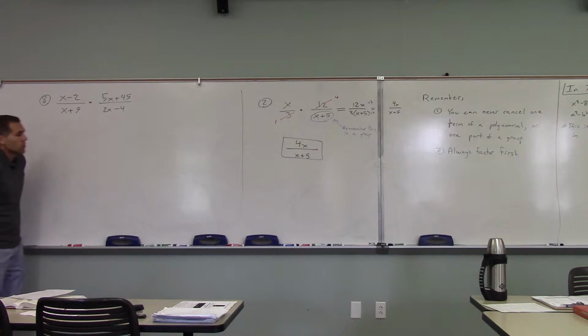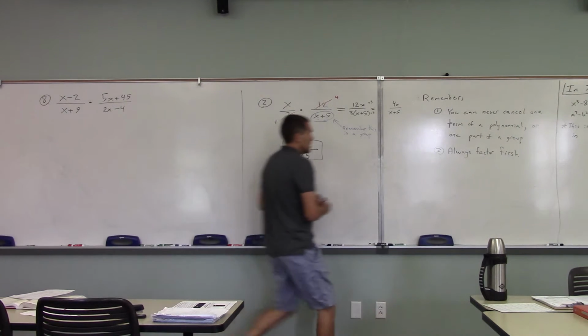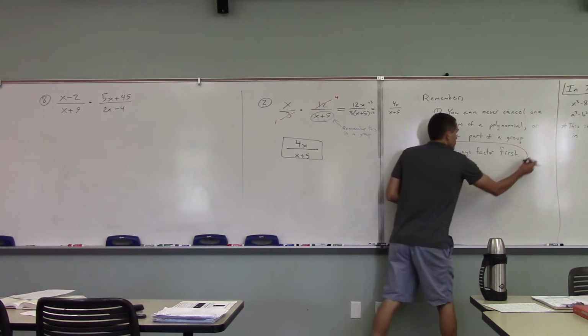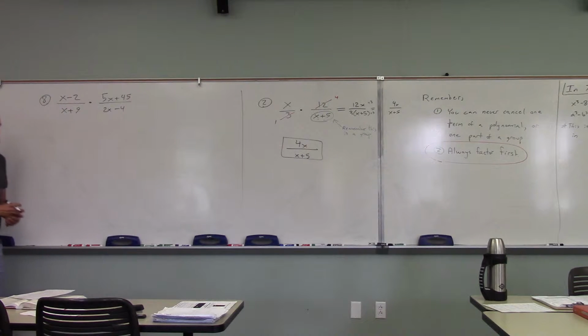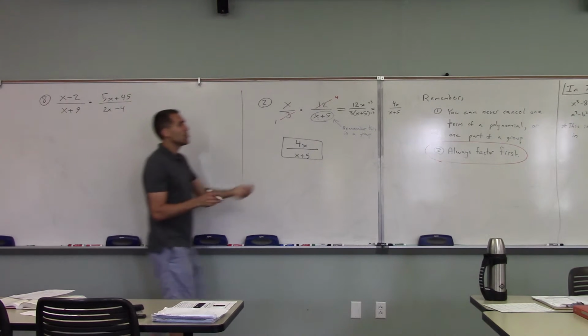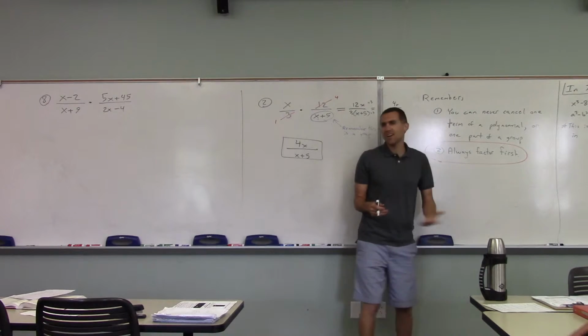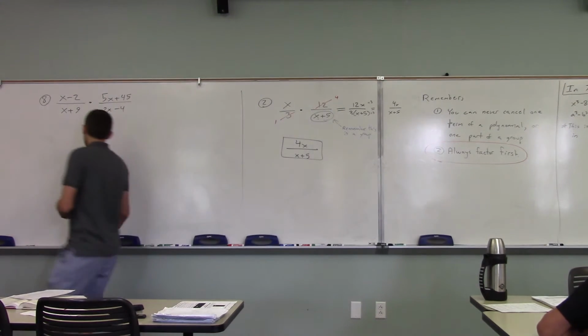So our big golden idea here is, what should we do first? Multiply across? No? Cross cancel? GCF? Factor? Oh, we should always factor first. You guys are good. Yes, we should.